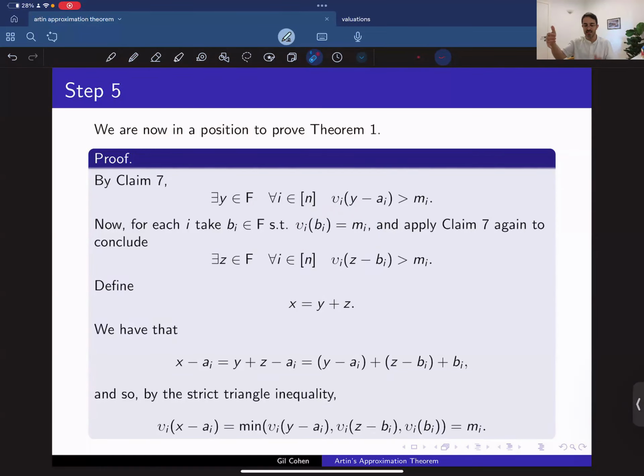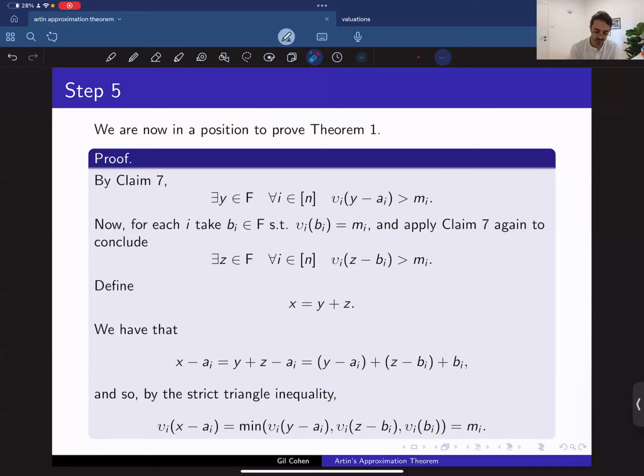So now you got these bis and y on the side, so forget about y. You have these bis, and now I'm going to find a function z that, according to the ith valuation, is more than mi close to the bi, not the ai. And with that, now we have this y and the z, and I'm going to define the final x to be y plus z.